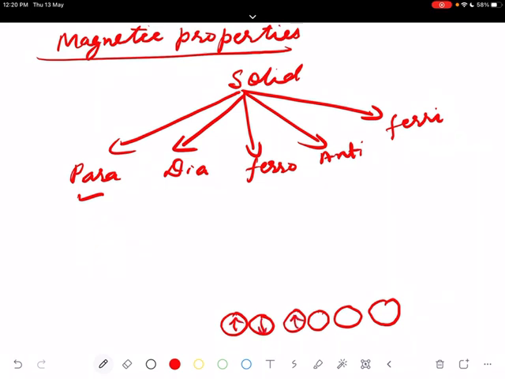The domains are oppositely oriented and cancel out each other's magnetic moment. See, this is a schematic alignment. Example is MnO.